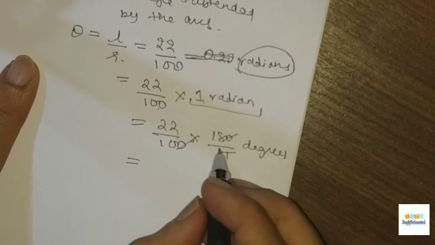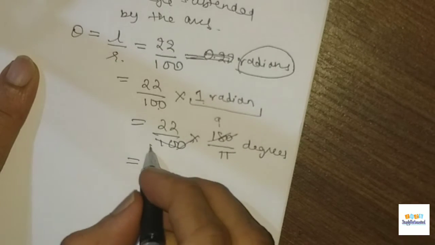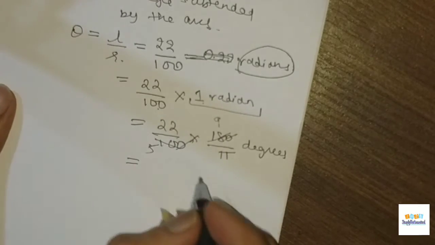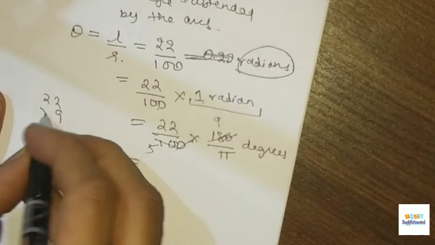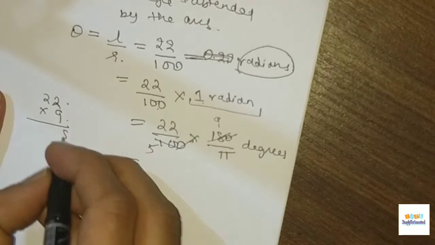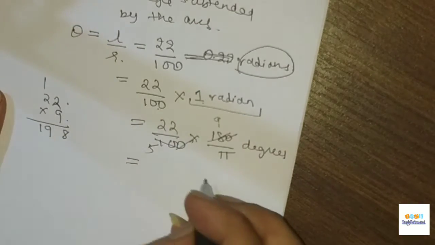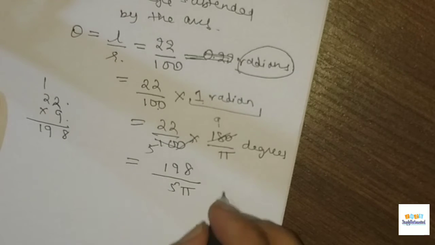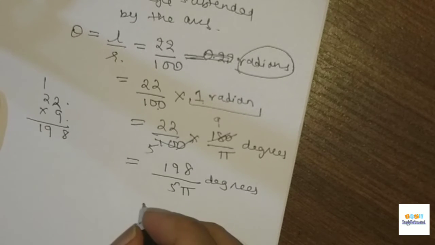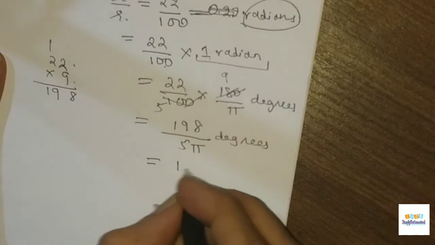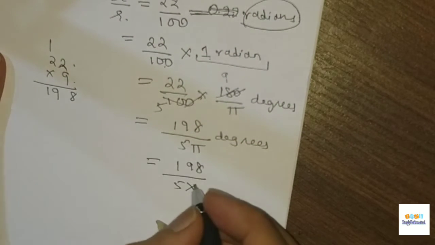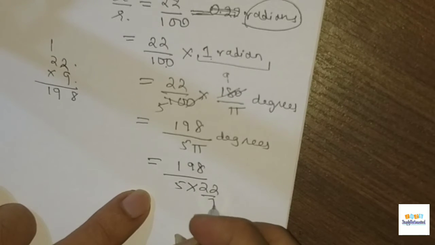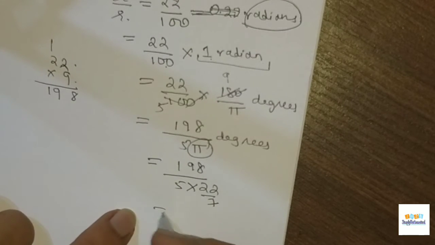So what you will get here, 0 and 0 will get cancelled, 2 9s are 18, 2 5s are 10. So 22 multiplied by 9 we have to do. 22 multiplied by 9 is 198. So 198 divided by 5 pi degrees you are getting, right? They are telling you to use pi equal to 22 by 7, so 22 by 7 here instead of pi.